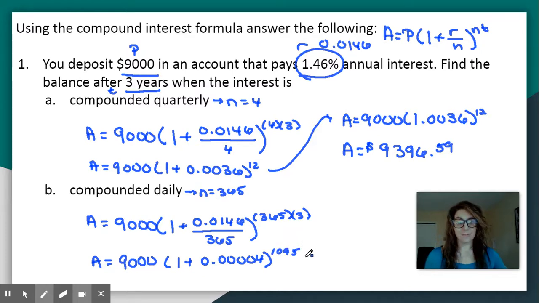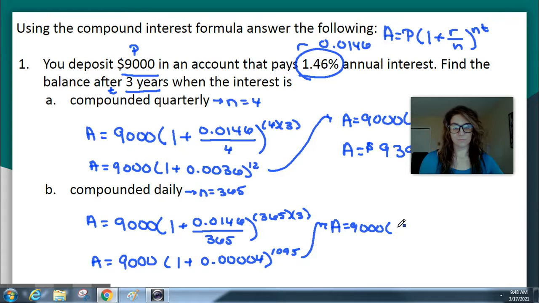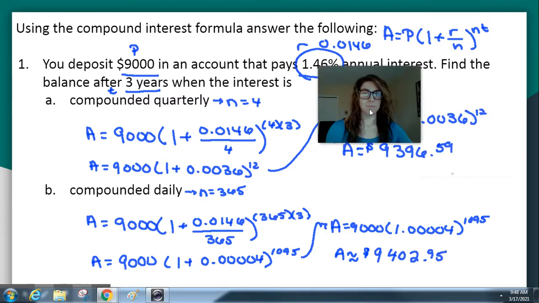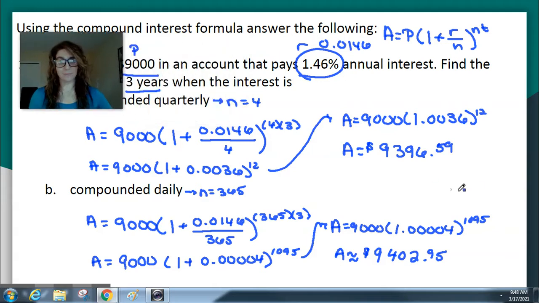And again, that would then go in your calculator if you wanted to add the numbers together first. And that's going to be about $9,402.95.